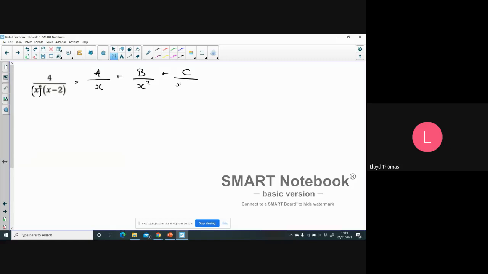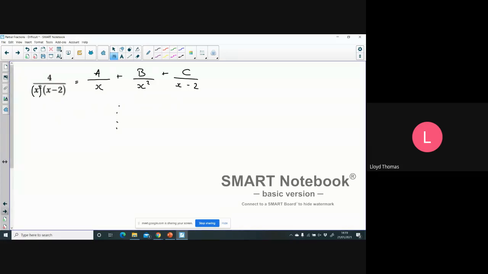Those are my three denominators. The rest of the question should flow quite nicely from there, because if you multiply through by the denominator of this, an x will cancel out, an x squared will cancel out, and an x minus 2 will cancel out, and the rest of the question is exactly the same as the last one, pretty much. So let me know if you really want me to do it, but I was planning on skipping that one and going on to the last one.